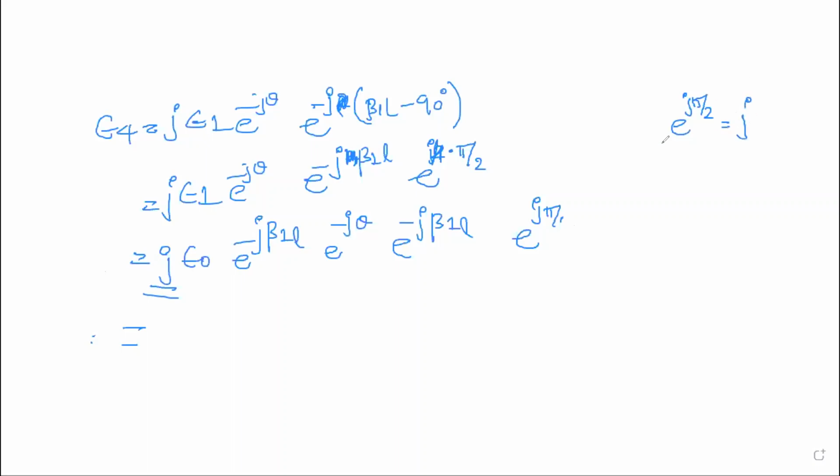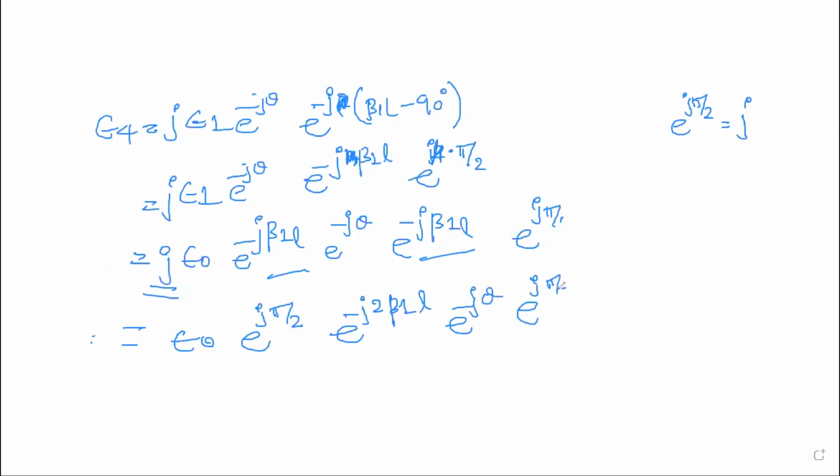It was j. So since all the equations are in terms of exponential, I will change this j as e to the power j pi by 2, into e to the power this, and this and this I can combine and write. So it is e to the power minus j 2 beta 1L e to the power minus j theta e to the power j pi by 2. Again, E0 e to the power minus j theta. What will be the value of these two?